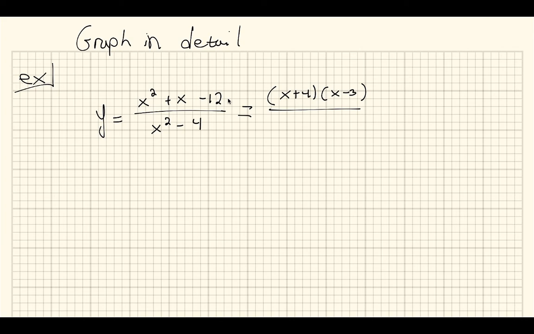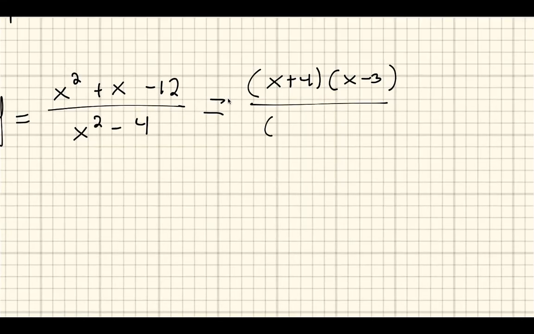And in the denominator, that's a difference of 2 squares, so that factors to x plus 2, x minus 2. Remember, a squared minus b squared factors to a plus b times a minus b. Okay, so we have it in factored form.